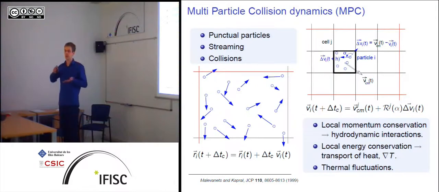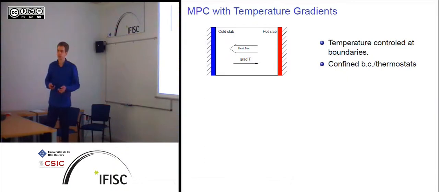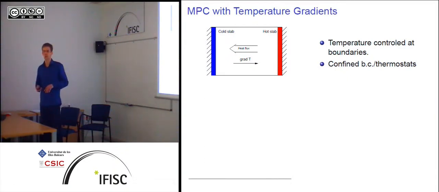And you can also have many of them which you want to study in a capillary. But so far this method has been only used in isothermal conditions. But now we want to have a system with an inhomogeneous temperature.